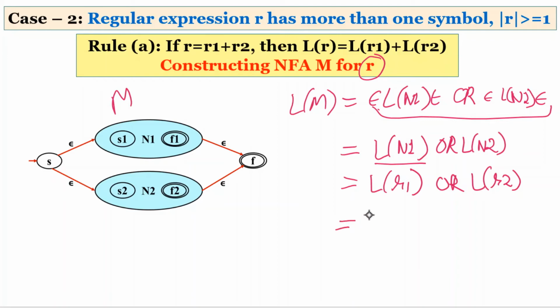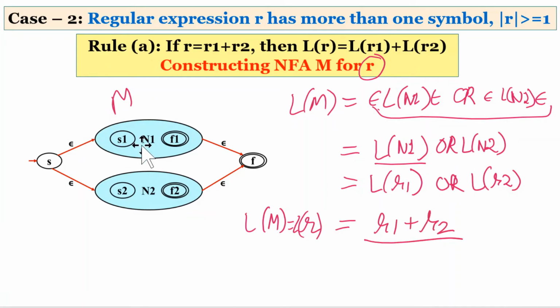Now we can say that the language of the machine is equal to the language of the regular expression R1 plus R2. So this is our final proof that we have constructed the transition diagram for the NFA with epsilon closure, and this is the final machine defined for this regular expression.